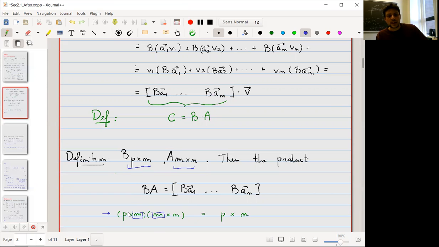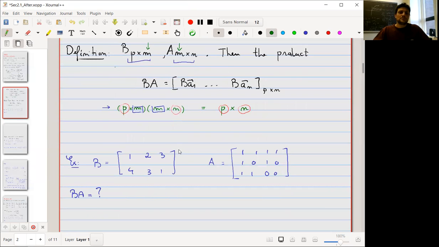And once we do that, the outcome of our product will be given by the leftover sizes. So that is another way of saying that B times A will be a matrix of size p times n. And it's only defined when the number of columns of B is the same as the number of rows of A.